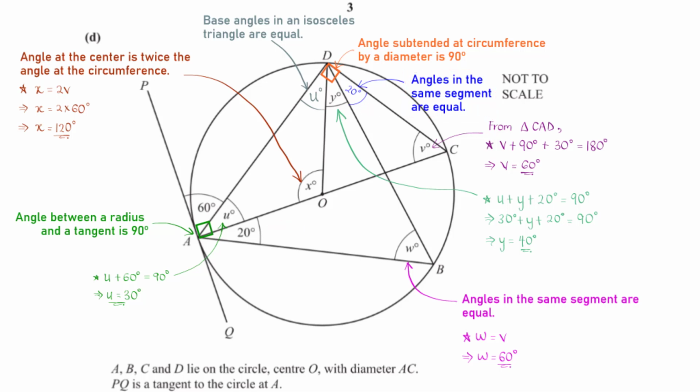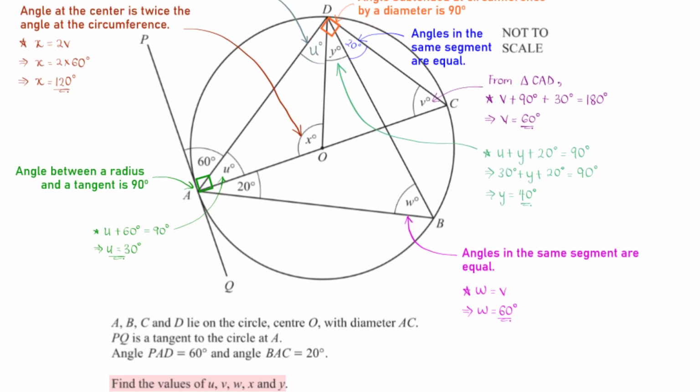OA and OD are radii, which makes triangle OAD an isosceles triangle. Base angles in an isosceles triangle are equal, which makes this angle equal to U, which we have found as 30 degrees. So 30 plus Y plus 20 must equal 90 degrees. This gives us the value of Y as 40 degrees.